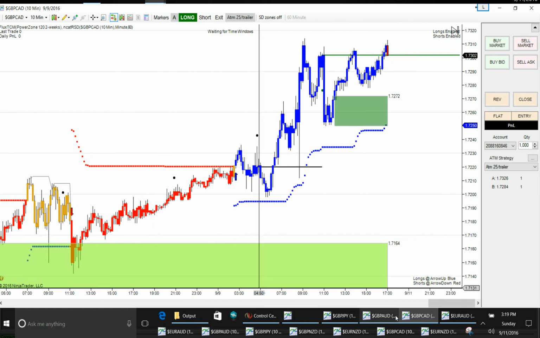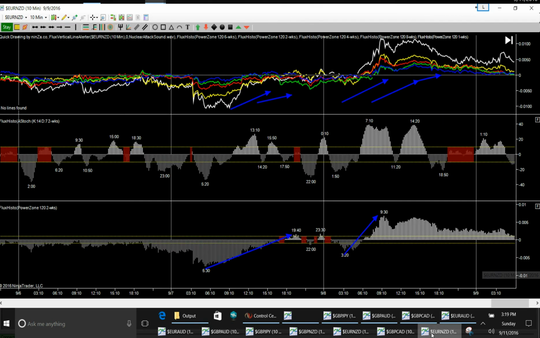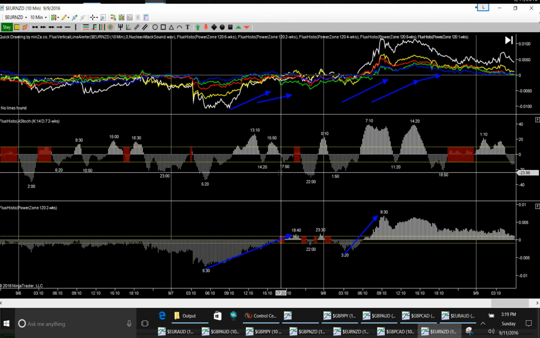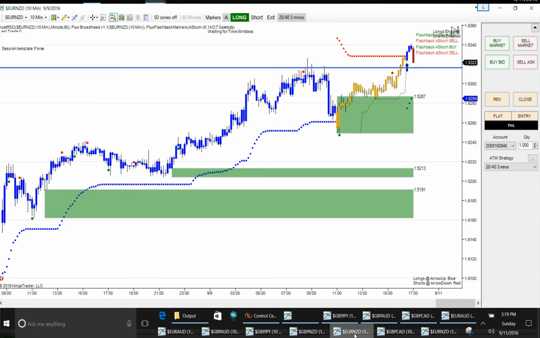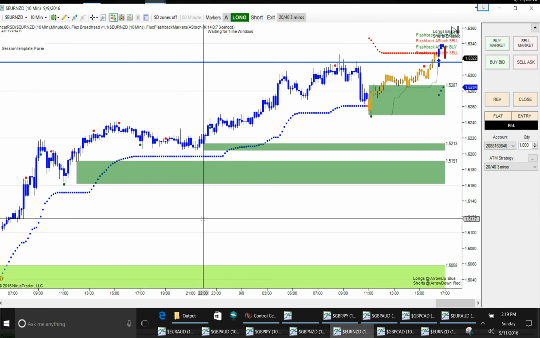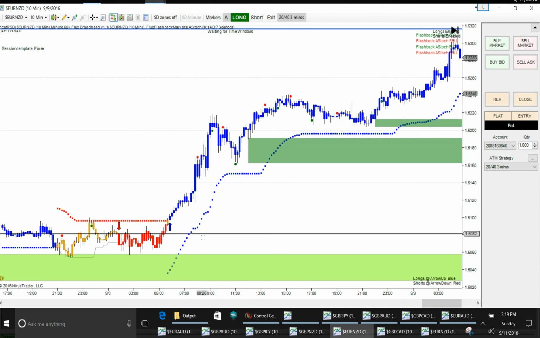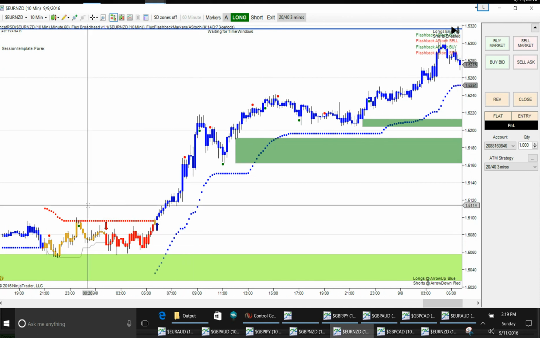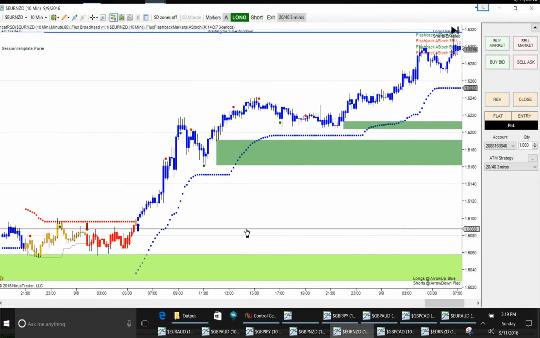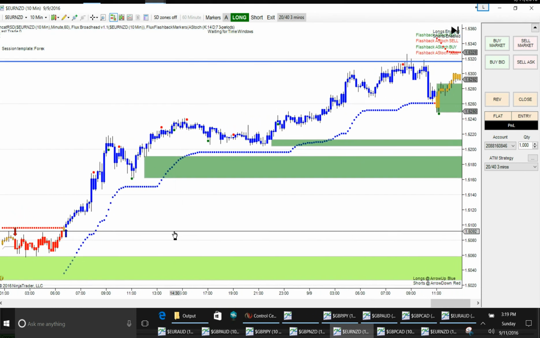All right, traders. Euro New Zealand. This is the power zone chart itself. Right here, this is on longs as well. As you can see, this thing took off once it broke that trend line, and it just took off to the north because of the weakness of the New Zealand dollar.